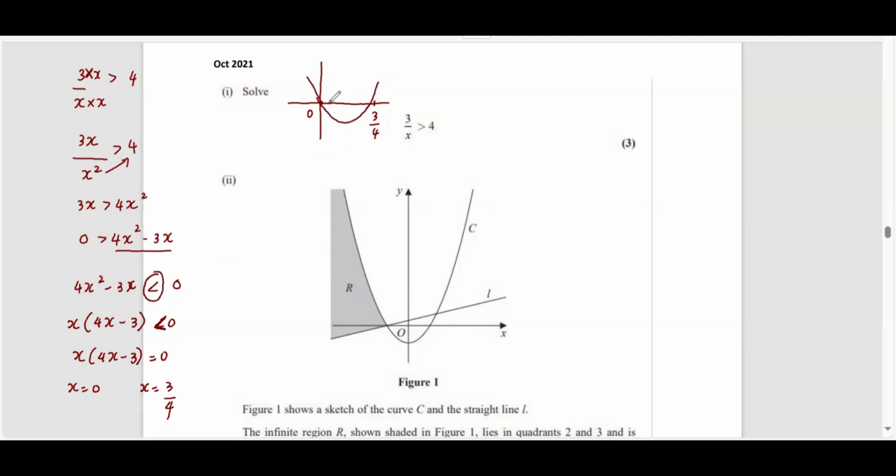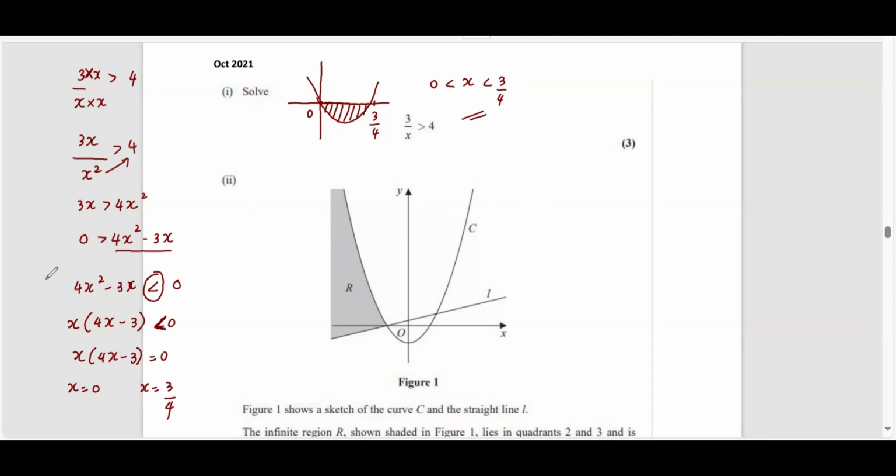Less than means it will be the region below the x-axis. So this particular region is occupying what part of the x-axis? The part of the x-axis between 0 and 3 by 4. So the inequality which we will be getting is x is greater than 0 and x is less than 3 by 4. This will be your final answer for first part.